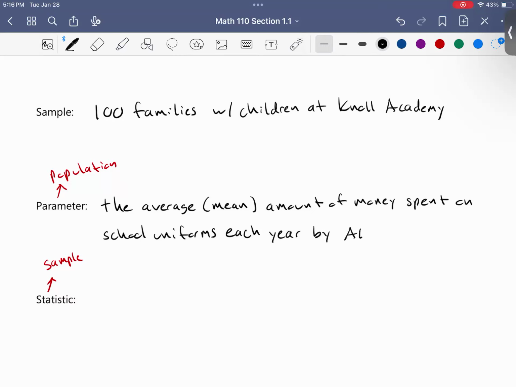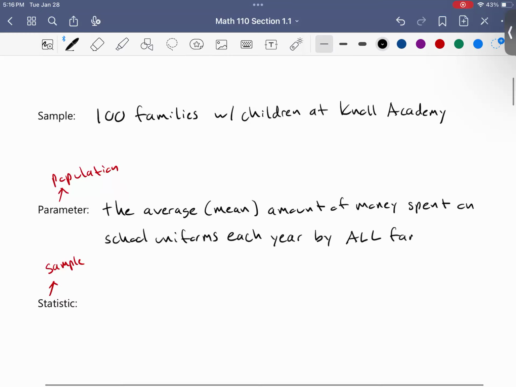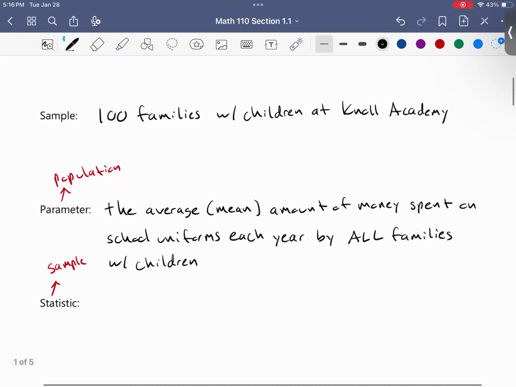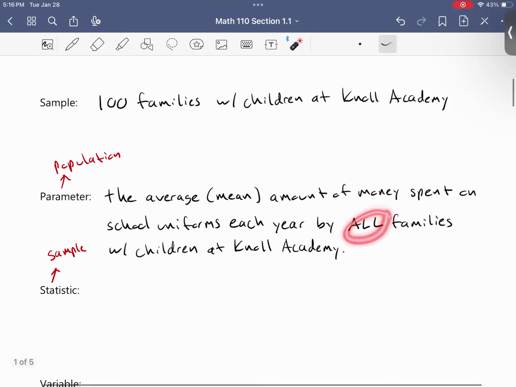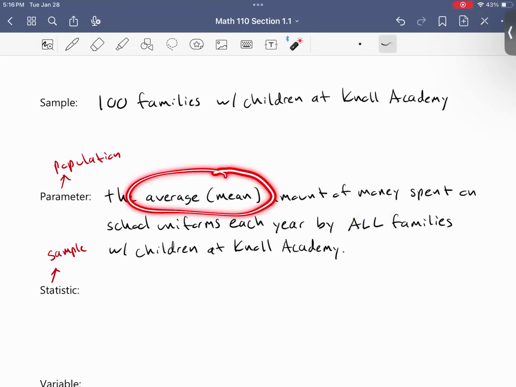That keyword is all because we were talking about the population, with children at Knoll Academy. Okay, so that's parameter, and parameter is talking about population, so that's the keyword all, and parameter is talking about some type of calculation, average or mean.